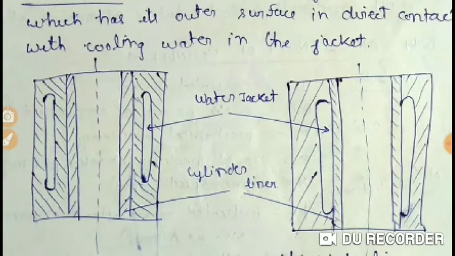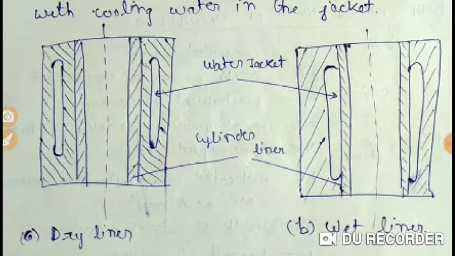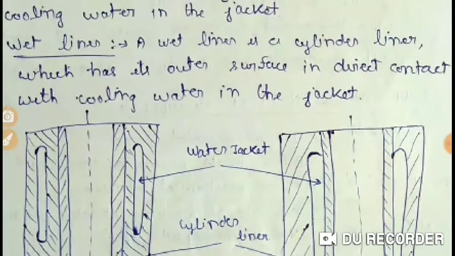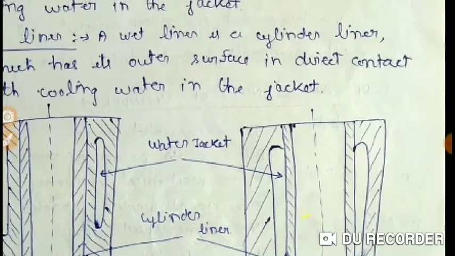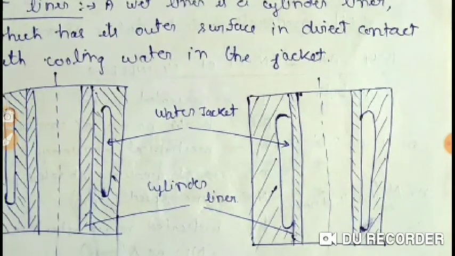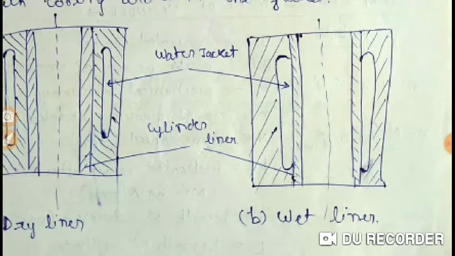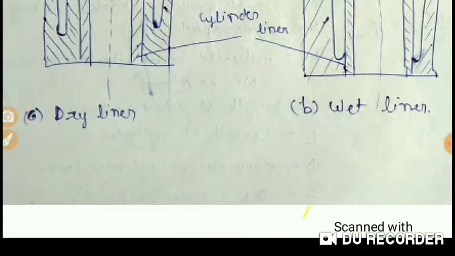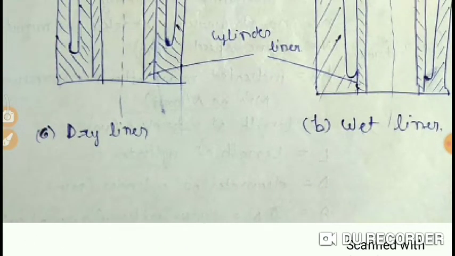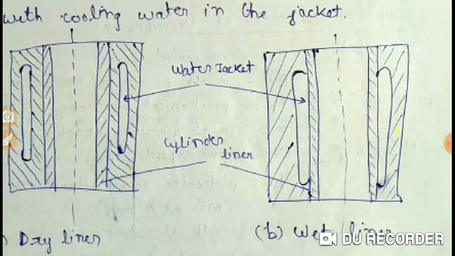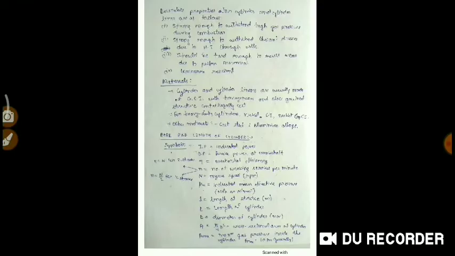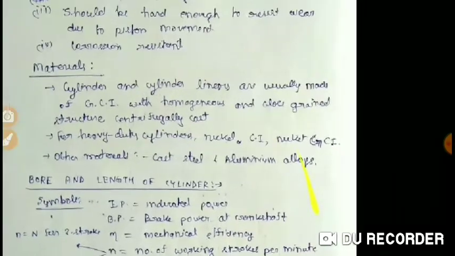Here are the two figures of the dry liner and wet liner. Here you can see the dry liner, in which there is no direct contact, and the wet liner has its outer surface in direct contact with the cooling water. So these are the water jackets. This is the basic understanding about the cylinder liners. This is taught because it will be used in the design of engines.